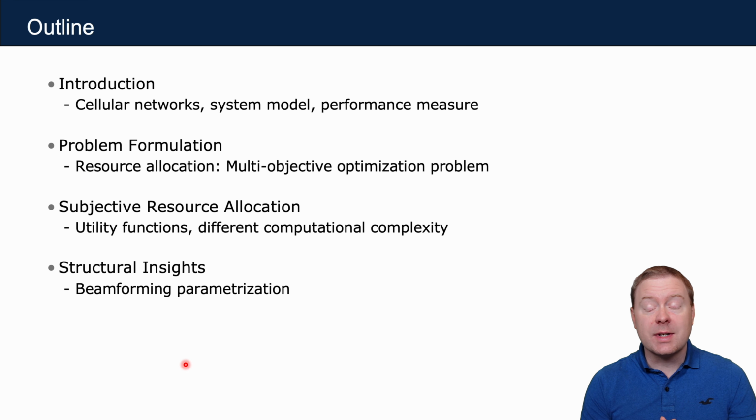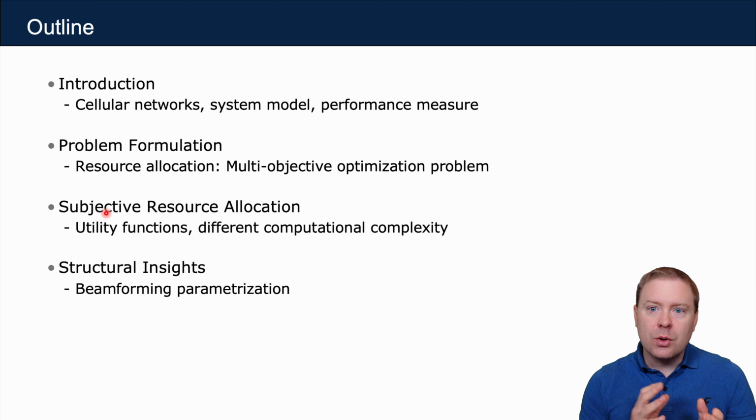So the outline of this lecture is the following. First, I will explain a little bit about what cellular networks are, what system model we will be using, and what the different performance metrics are that matter in this context. Then we will formulate our problem in the most general form and define what resource allocation really means. And it will turn out to be a multi-objective optimization problem.